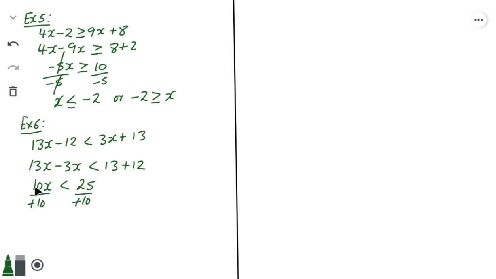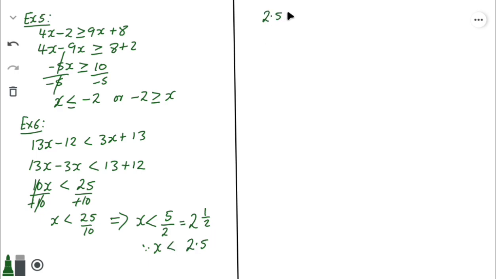So x will be less than 25 over 10. So we can proceed by saying 5 in 25 is 5 and 5 in 10 is 2. And we can re-express this to be 2 number 1 over 2, or we say 2.5. Therefore, x is less than 2.5, or you say 2.5 is greater than x.